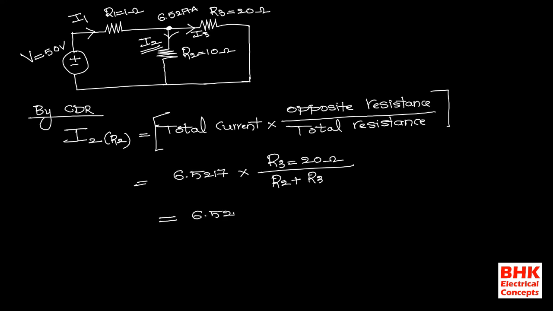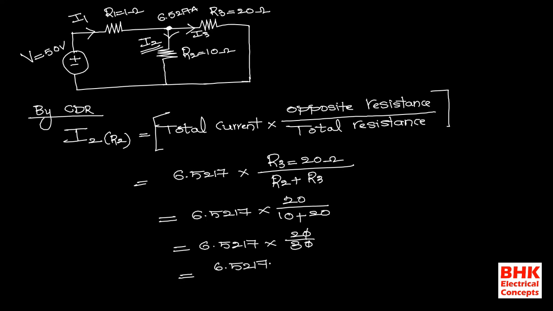Now substitute all the values here. So 6.5217 into the value of R3 is 20, divided by R2 is 10 plus R3 is again 20. Now here 6.5217 into 20 divided by 30. 0 gets cancelled. Then 6.5217 into 2 divided by 3.